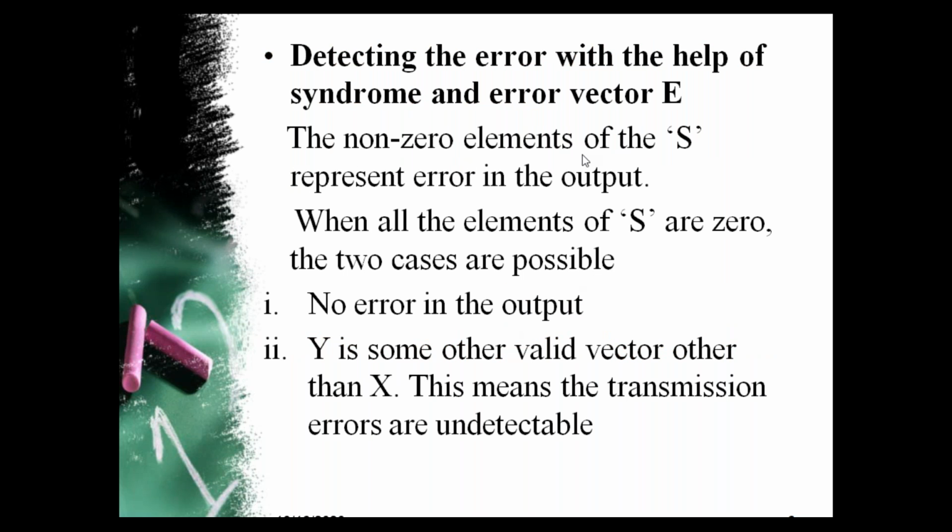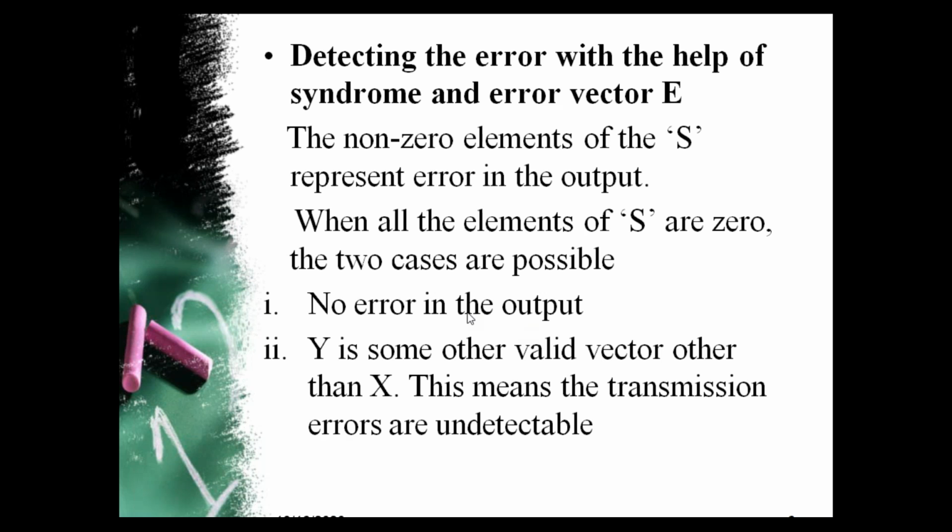The syndrome is s equal to y into h transpose. S is 0 when we can say there is no error, that is x and y are the same, the transmitted word x is received at the receiver end.